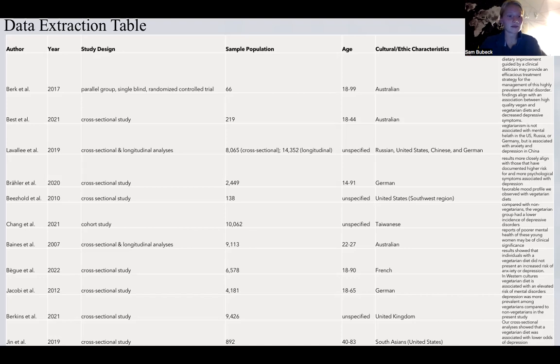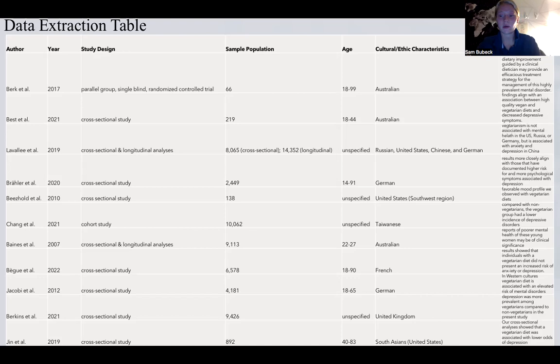My 2007 study that I previously mentioned is a cross-sectional and longitudinal analysis of 9,113 people. This focused on women specifically aged 22 to 27 within the Australian population.